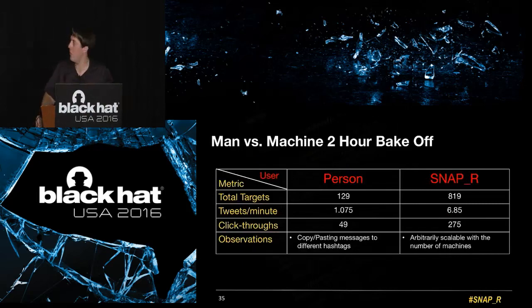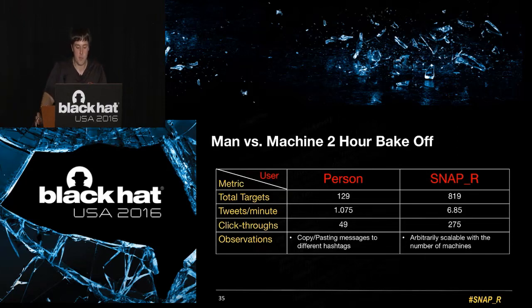Then later we were trying to stress test the tool and see whether the tool itself was actually better than a human at phishing people. So we had a bake-off. We had a person generate phishing tweets, and the strategy he used was copying and pasting messages to different hashtags. He was able to, in 2 hours, target 129 people, which comes out to 1.075 tweets per minute, and he got 49 click-throughs.